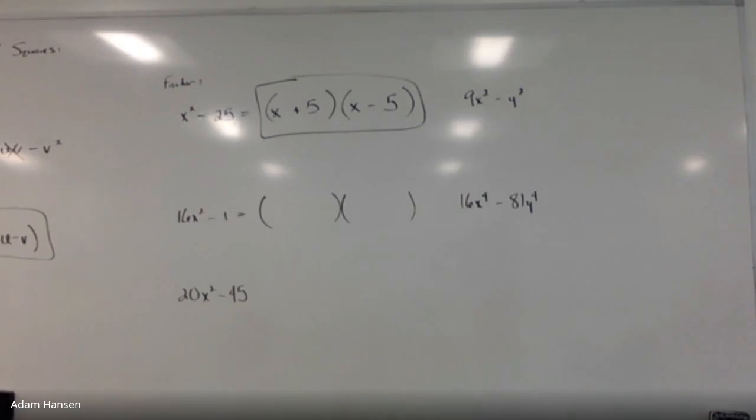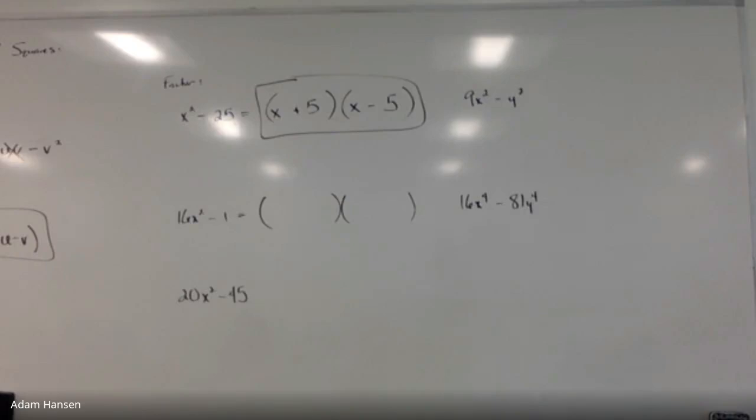Could be the same two numbers. I think the square root is 4 if you're not sure. Four times 4 is 16. How about 1? What times 1 makes 1? Yep, that one's an easy one.